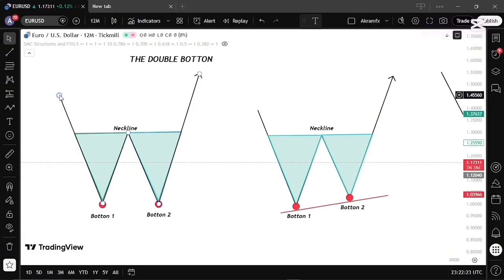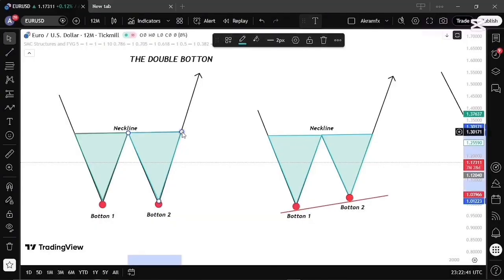A double bottom is basically when prices move downwards and create a lower low, what we would call our first bottom, and then move up to create a lower high, and that lower high is where we first mark our neckline.